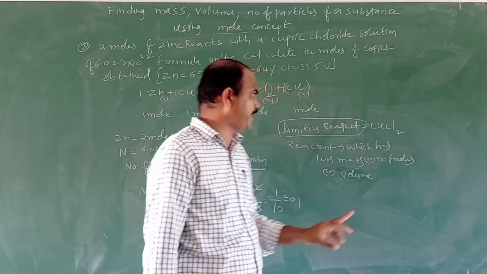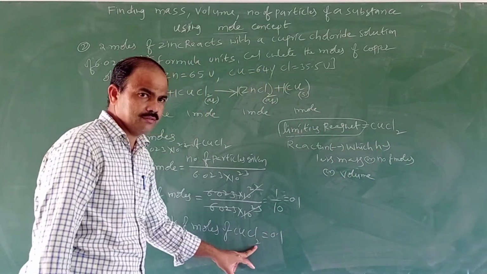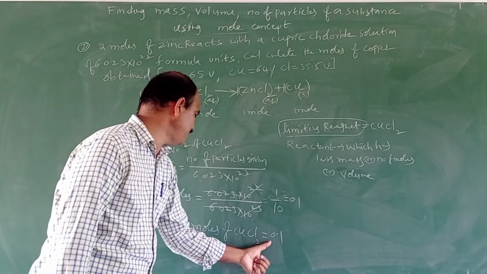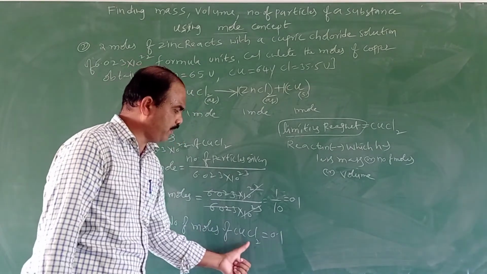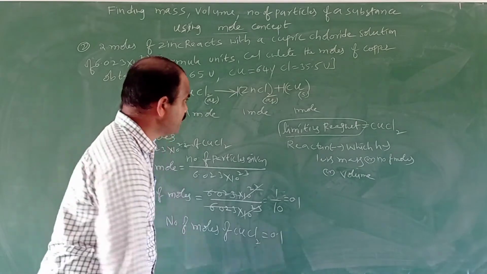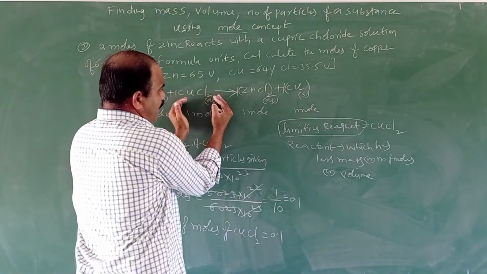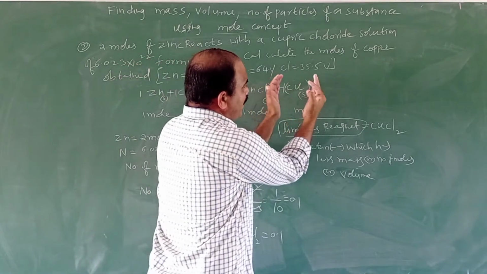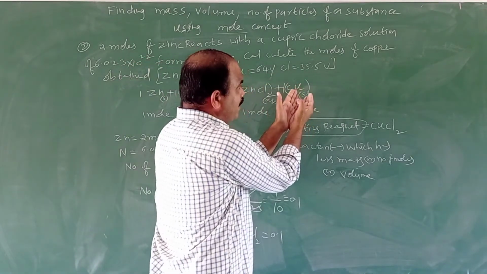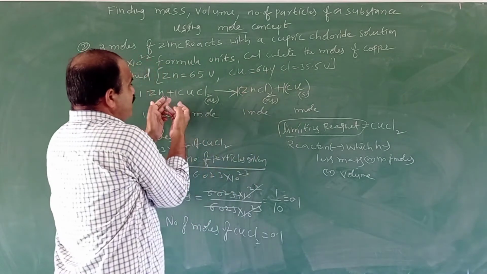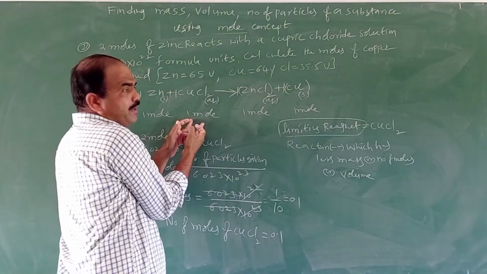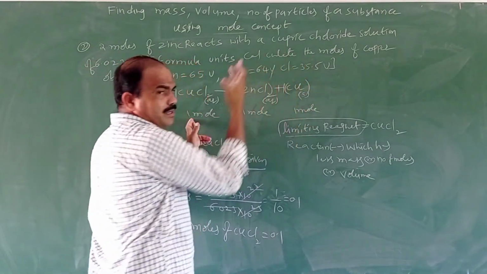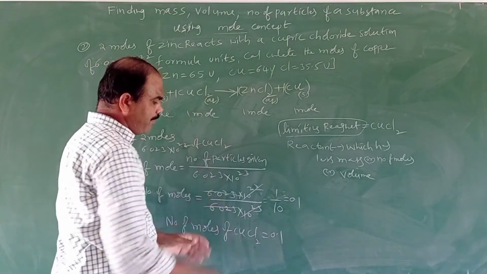Here what is the limiting reagent? The cupric chloride. The number of moles of the cupric chloride is how much? 0.1. So if 0.1 mole of the cupric chloride participates, 0.1 mole of copper will be produced, because 1 mole of cupric chloride participating gives 1 mole of copper. But in the problem, what is given?